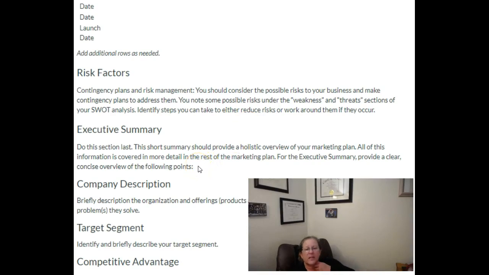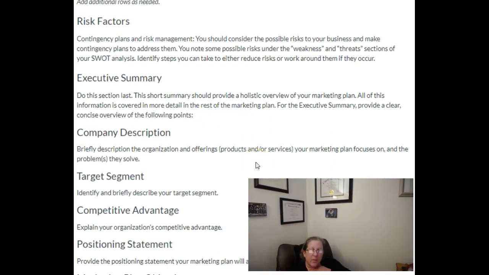And then the last section is your executive summary. Remember, it's at the top of the template, so don't forget to go back up there and fill that out. It's a summary. It provides a holistic overview of the marketing plan. This is why you can't really fill this in until the end, because you have to complete the marketing plan before you can give an overview of it.